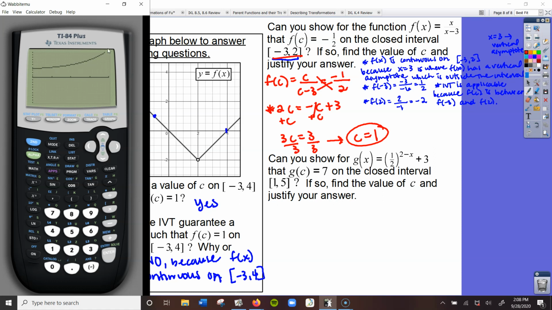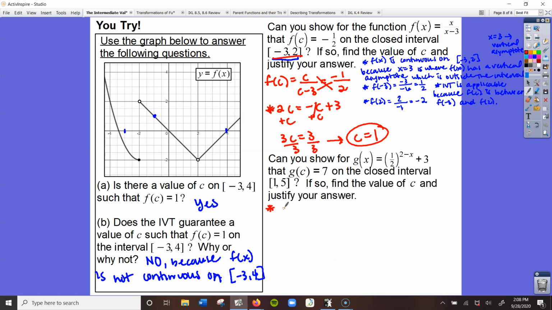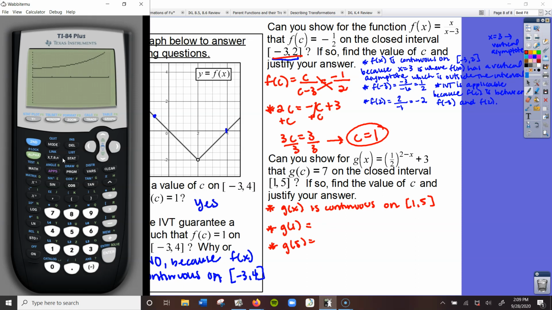As we can see, the graph is continuous, so I can go ahead and state g of x is continuous on the interval 1 to 5. Next, I'm going to find g of 1 and g of 5. So on my calculator here, I'm going to go to my second calc menu, option 1.